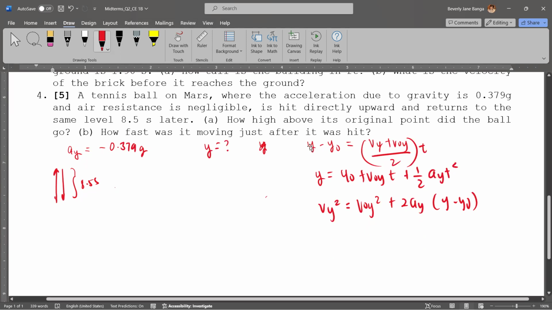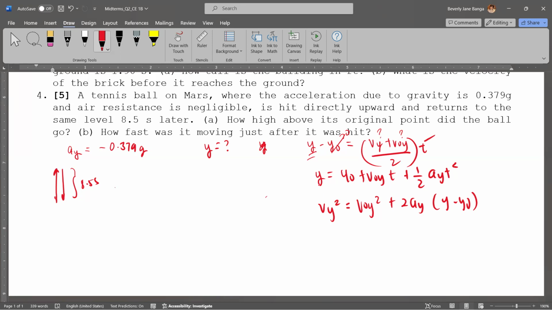Now, we can use either this one or itong pangalawang equation. Now, if we look at the first equation, hanap natin ay y, di ba? So, pwede. y naught, pwedeng set mo 0. voy is unknown. Time is good. We know that one. And vy, hindi natin alam. Okay, so unknown din.